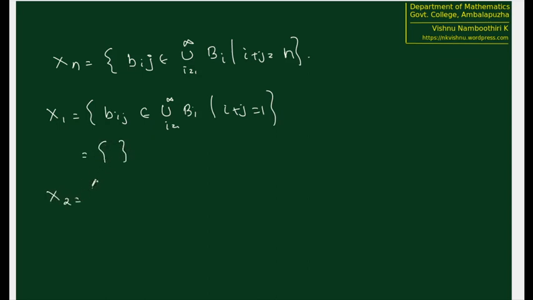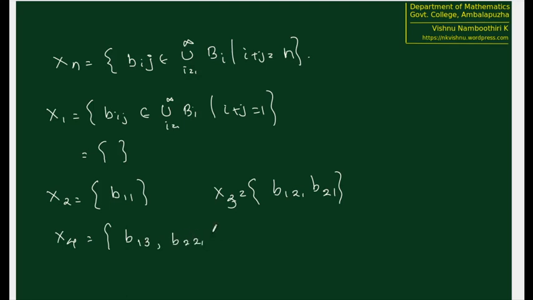Now x_2, in the same way, i plus j equal to 2, is b_11, just one element. x_3, i plus j equal to 3, is b_12, b_21. Now x_4 is b_13, b_22, b_31. There are three elements.